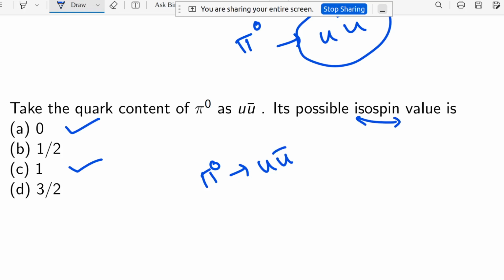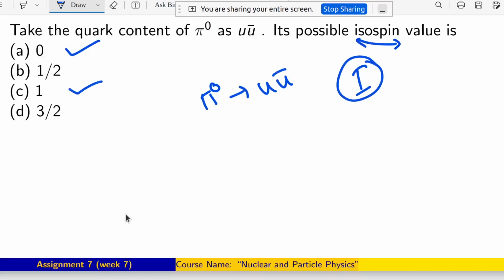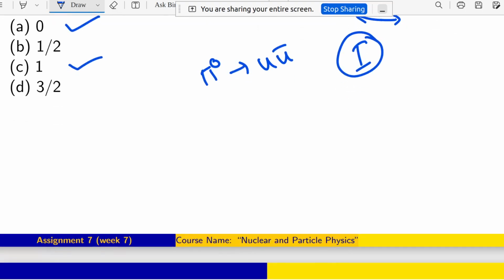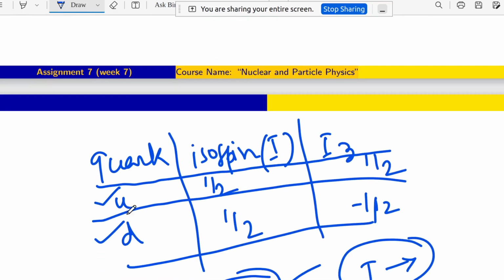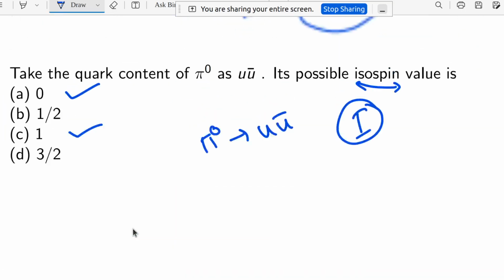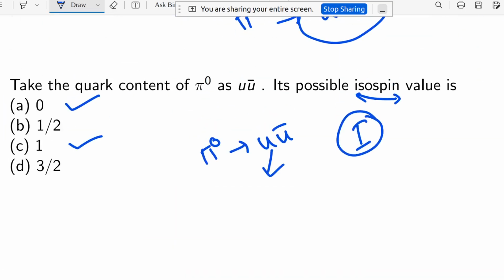That means they are asking about the I value, right? I is the isospin. If you remember, for the quark content of U, isospin is half, I3 is half. For the quark content of D, isospin is half, I3 is minus half. So from this figure we can simply say that the isospin of U is half.